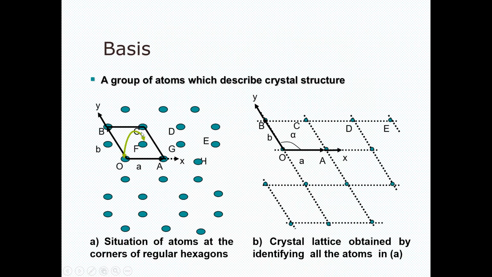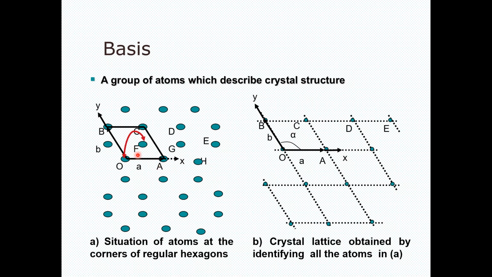What is meant by the basis? The basis is basically a group of atoms which describes crystal structures, and here you can see these are the bases. Here is a situation of atoms at the corners of a regular hexagon.